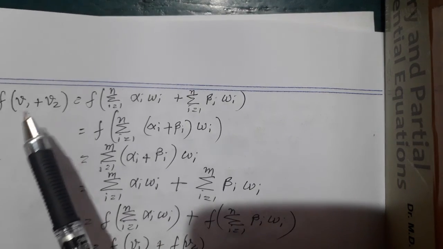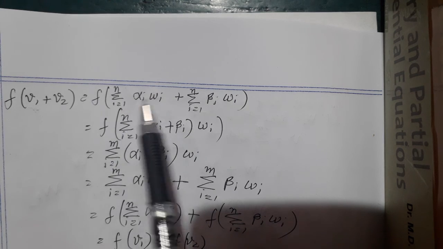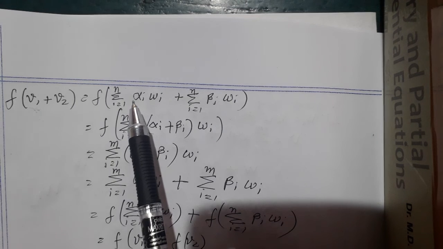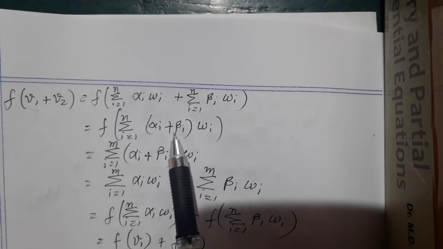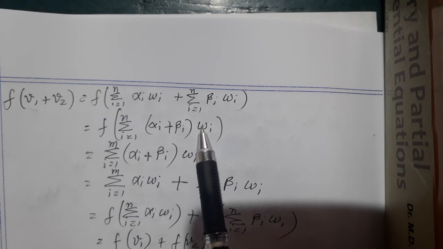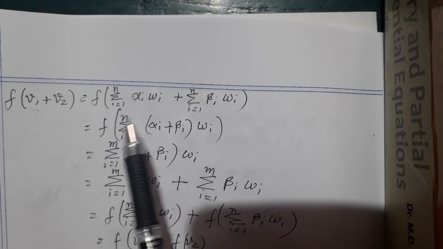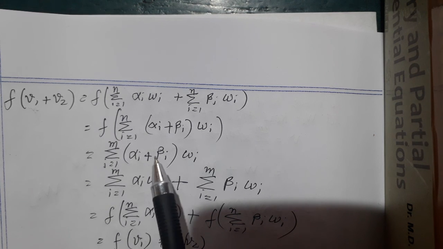We have f of v1 plus v2 equal to f of, we put the value of v1 and the value of v2, summation we can take common, we add the coefficients, so we have alpha i plus beta i times wi. Now by the definition of the mapping, this is sent to summation i equal to 1 to m of alpha i plus beta i times wi, till m only.